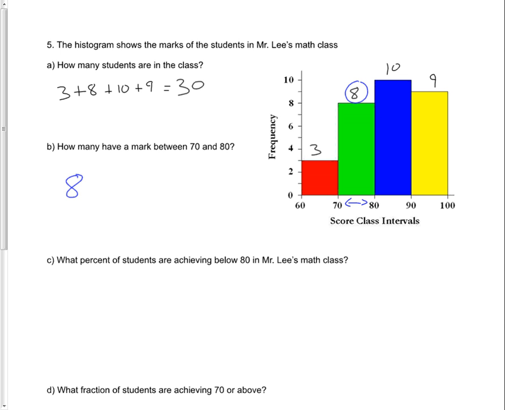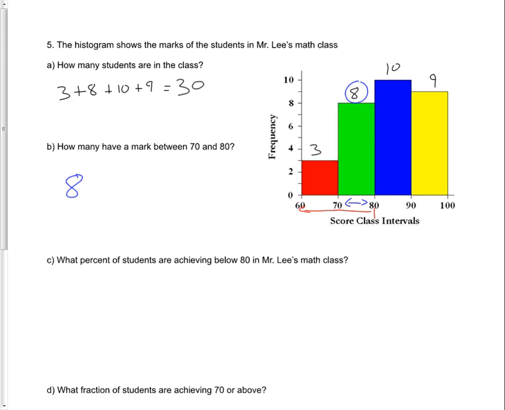So let's take a look at question 5c. What percent of students are achieving below 80% in Mr. Lee's math class? Well, in this instance, the cutoff here is 80%. So from this mark down, I want to figure out the total number of students that are achieving a mark of below 80%.